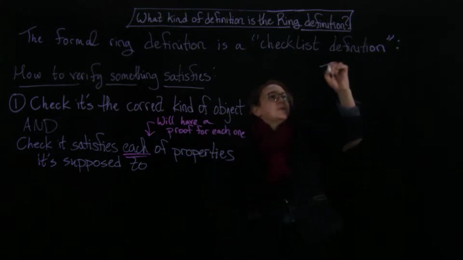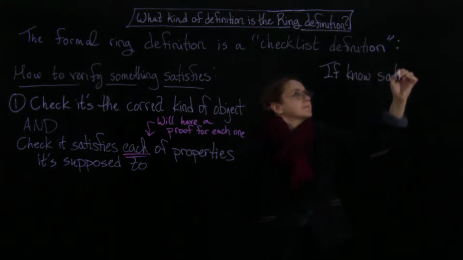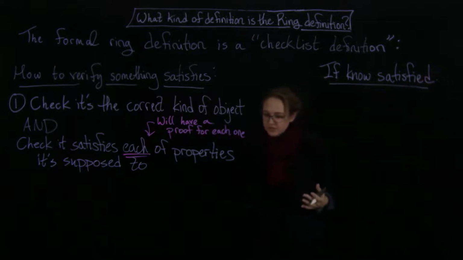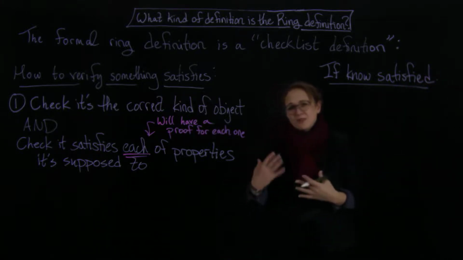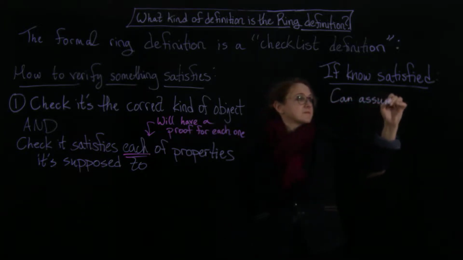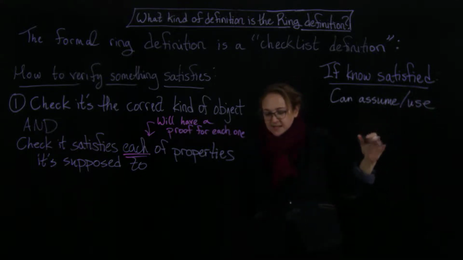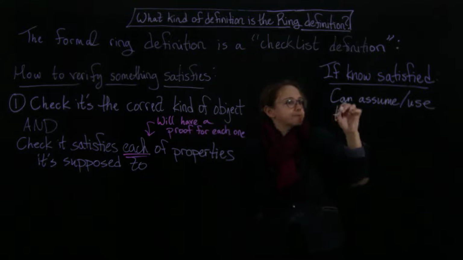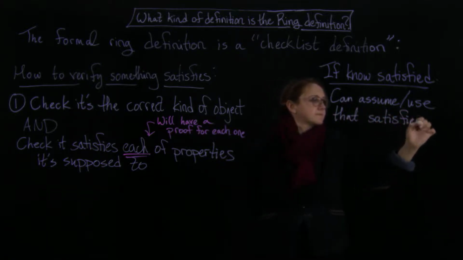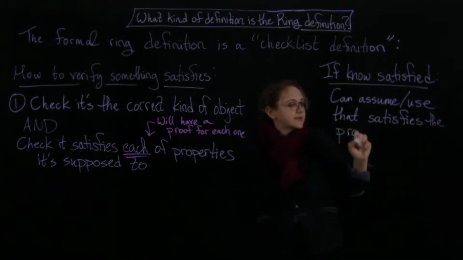So what happens if you know something satisfies such a definition? What does that tell us about what we can do in our situation? We can assume or use that it satisfies the properties to show new things about it.